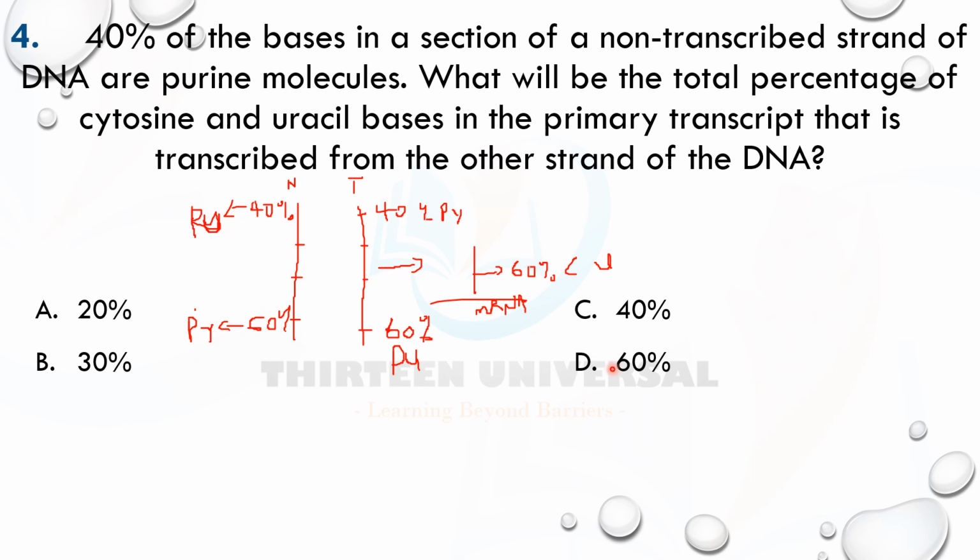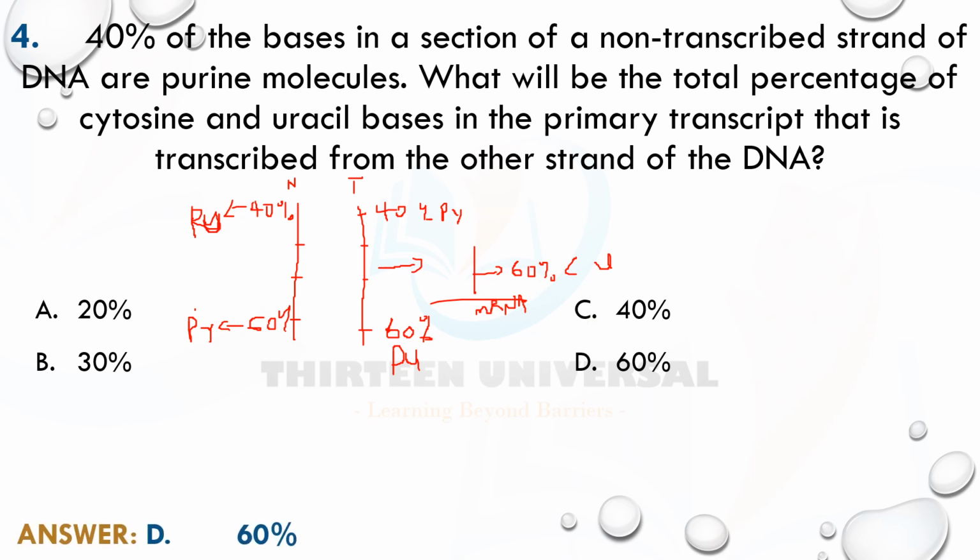This is the primary transcript, which after transcription will be converted to mRNA by splicing. So 60% purine here will give us 60% pyrimidine there. So watch this video again. If you have a question, ask us. So the answer is 60.